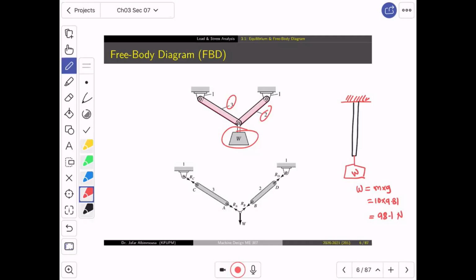You should have the same eye, but for forces. If I tell you that this is 98.1 Newton, and this one is 98.1 Newton, you should, without any hesitation, tell me that these two are identical.